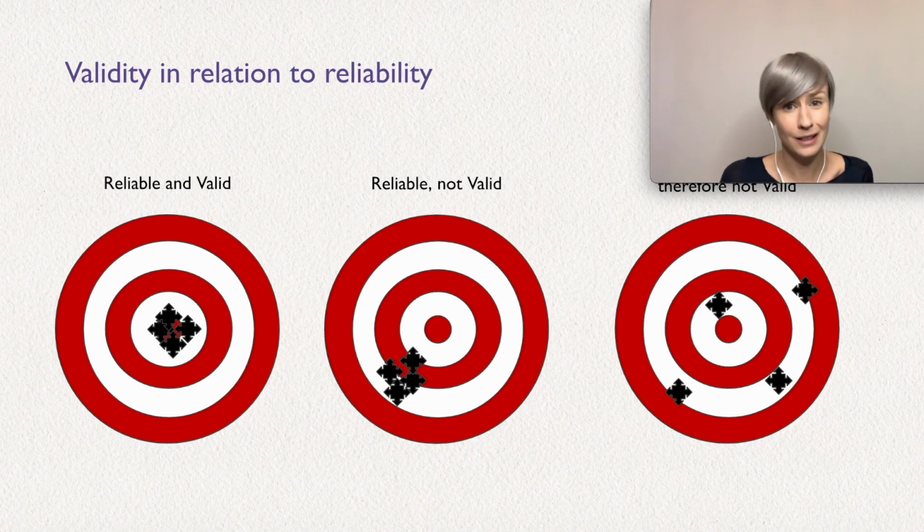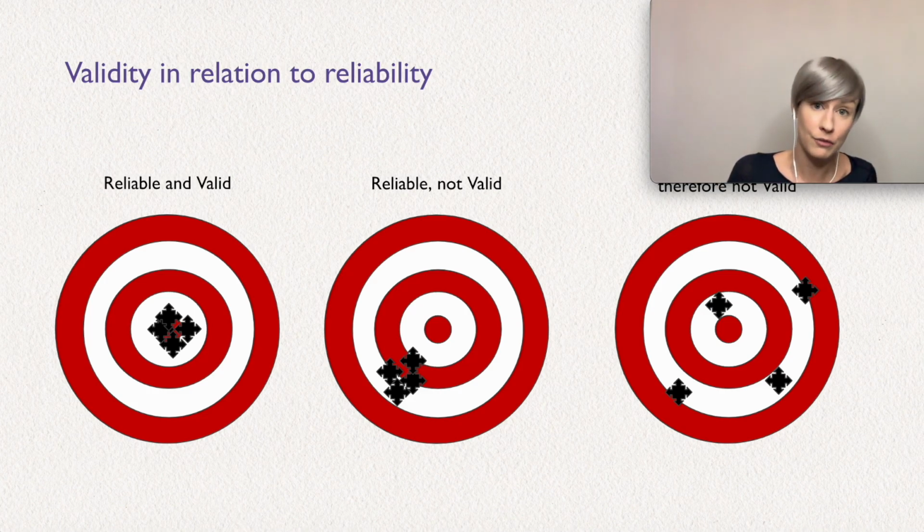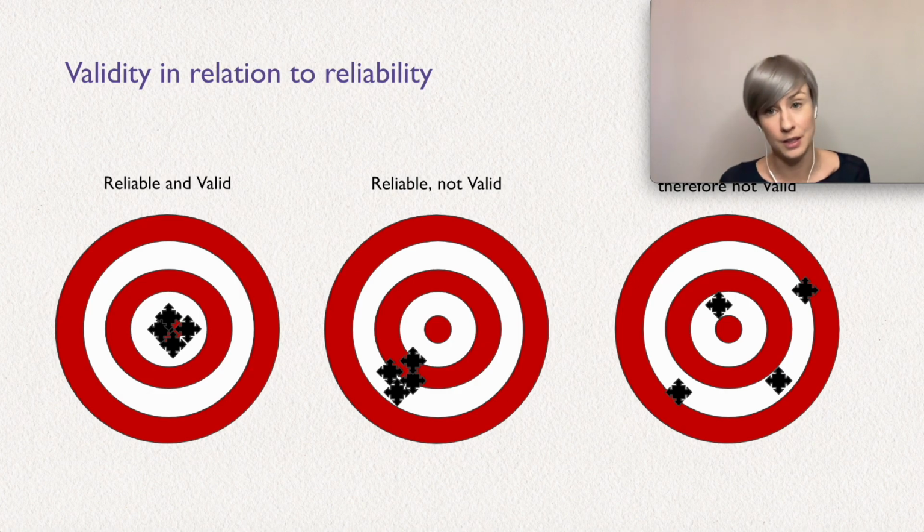Then the result is not reliable, since it's so spread out. It isn't consistent. But this also means we can't say that the test clearly measures the right thing, because all the teachers gave different grades, so we don't really know, and therefore validity is also low. So you can have high reliability with low validity, but not low reliability and high validity when it comes to this type of situation.